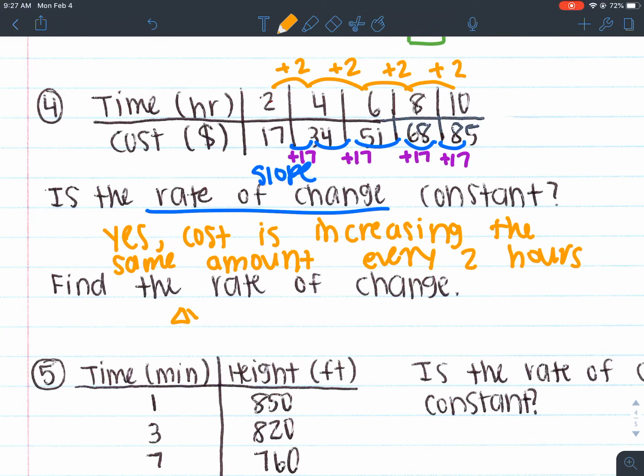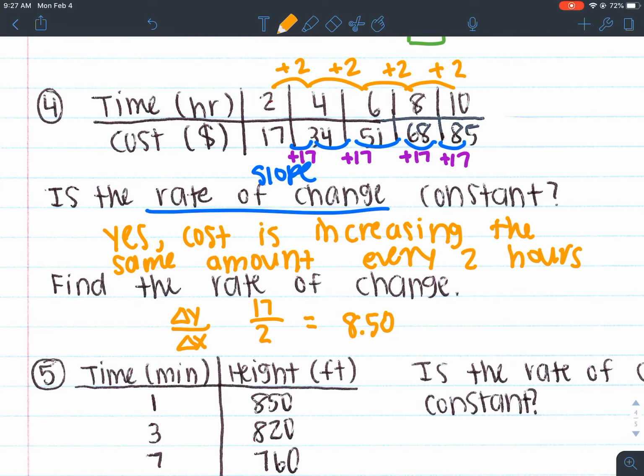Find the rate of change. Well, rate of change is just change of y over change of x since we have a table. What's my change of y? 17. What's my change of x? 2. Now, we're going to go ahead and simplify this, and that's going to give us 8.5. But in this case, what does our slope mean? Well, time is in hours, so that's going to be our x, right? Our time is always going to be our independent variable, our x, because it's not dependent on anything.